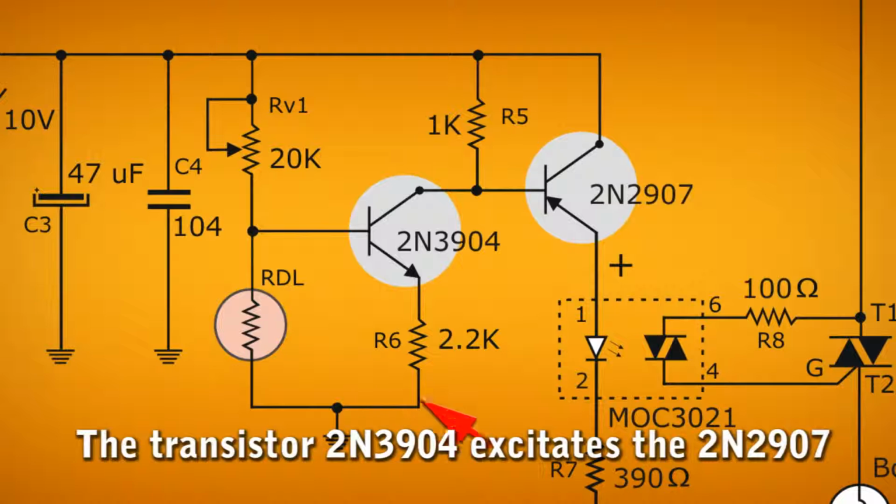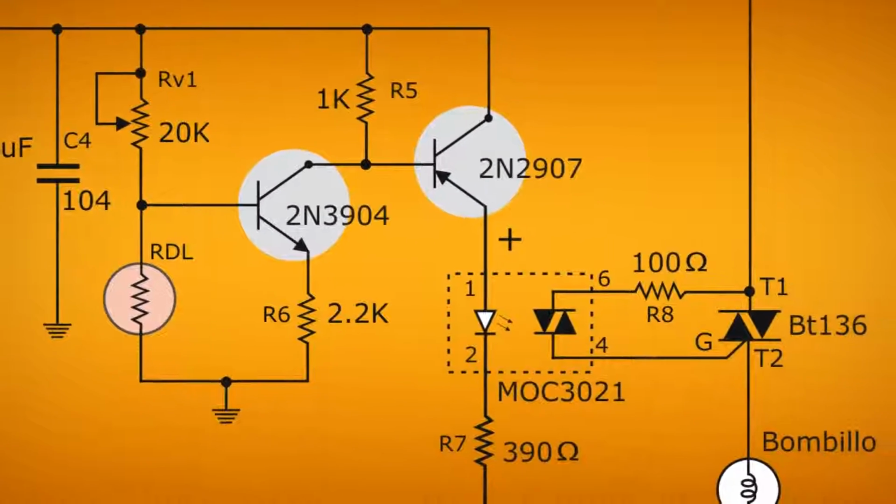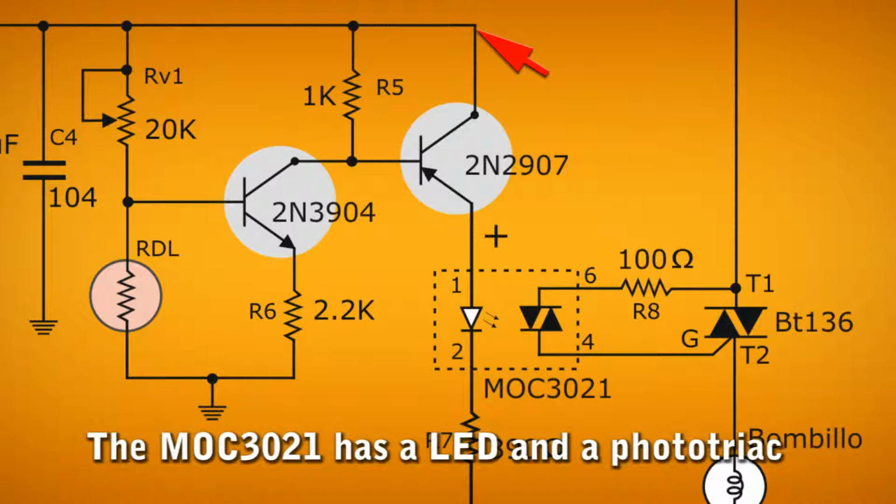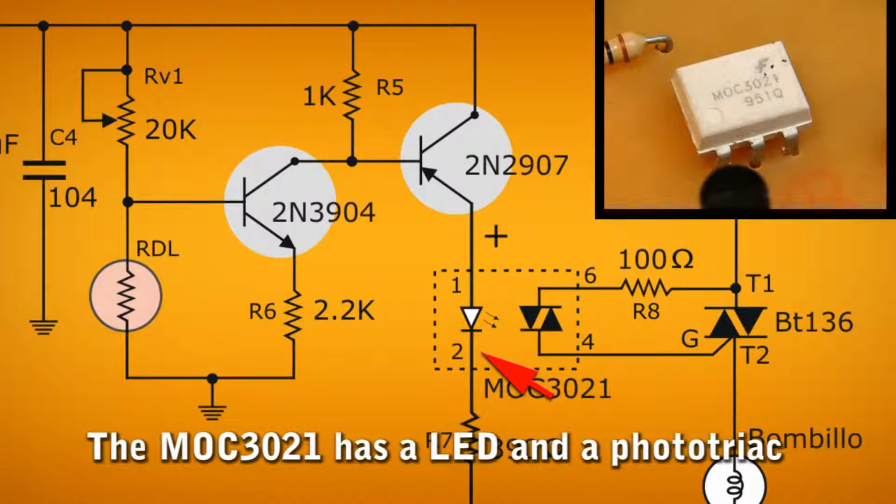It's at this moment that the transistor conducts from collector to emitter, negatively biasing the base of the 2N2907 PNP transistor. This means that it leads a negative voltage source to its base. When the 2N2907 transistor conducts, it passes a positive voltage from collector to emitter and reaches the optocoupler.